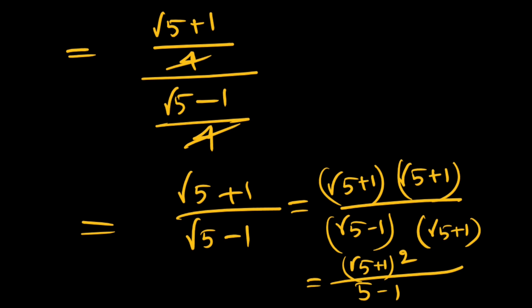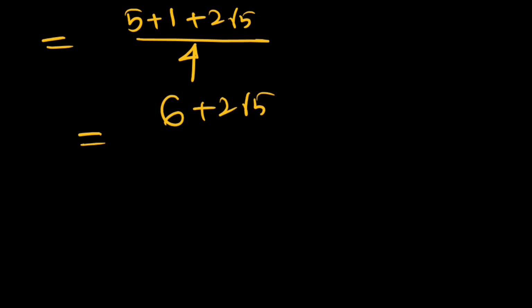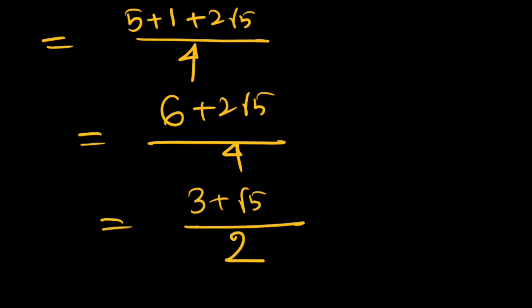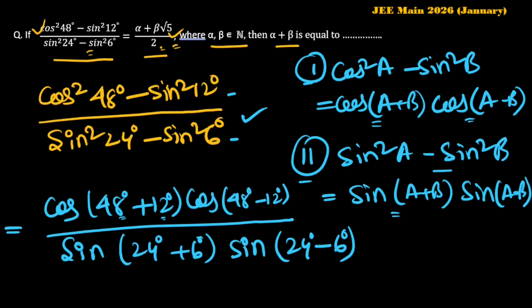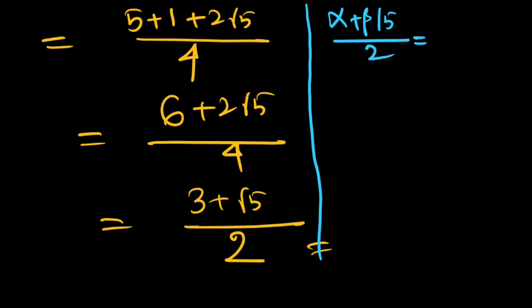Here we apply the a plus b whole square formula, that is 5 plus 1 plus 2 root under 5 over 5 minus 1, which is 4. Therefore 6 plus 2 root under 5 over 4, that is 3 plus root under 5 over 2. Therefore we got this value. Now we compare: alpha plus beta root under 5 over 2 is equal to 3 plus root under 5 over 2.